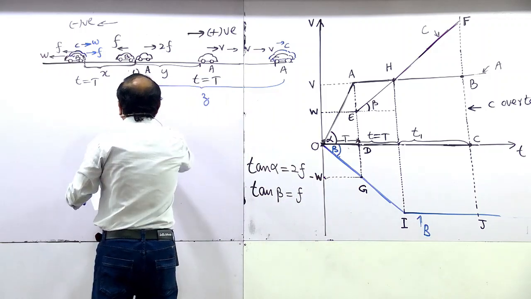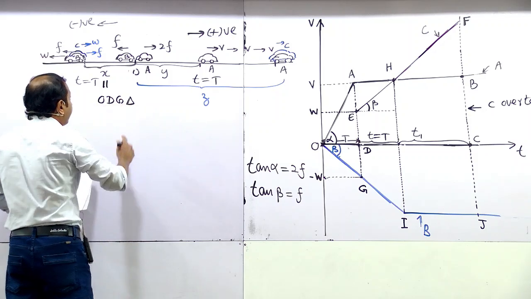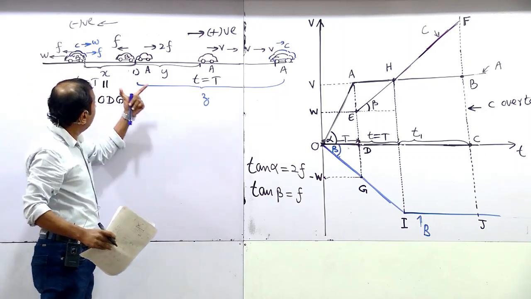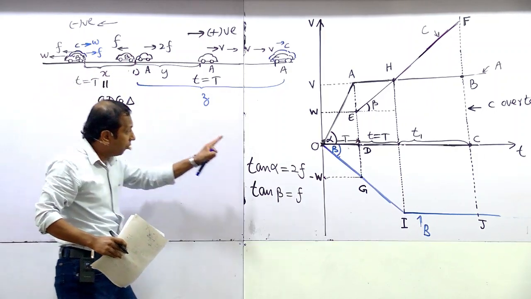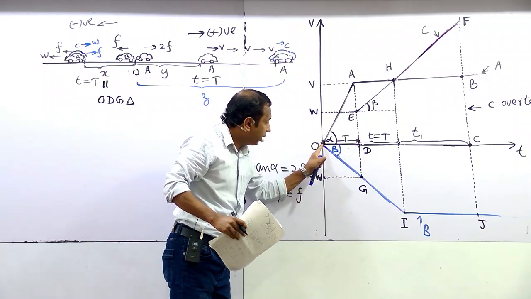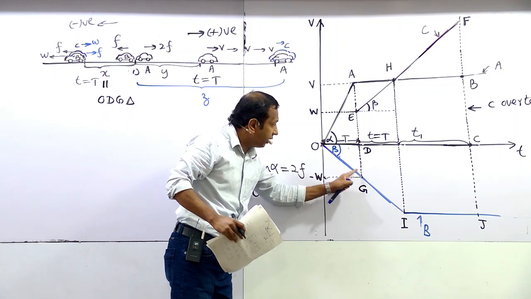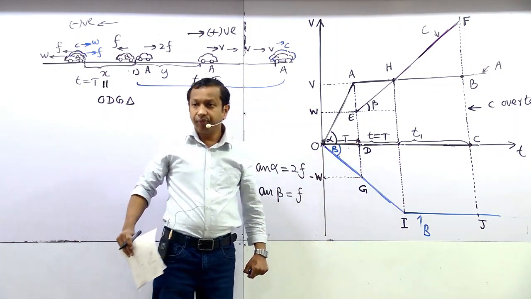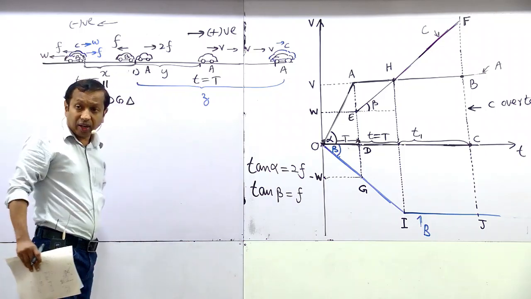Then this X I can write how? This is equal to ODG area. Am I correct? During the time T, the displacement B moves leftward. During the time T means this is time. During that time, VT graph of B is from here to here. The area covered by that is given by ODG. That ODG area is equal to what? This X. Am I correct?